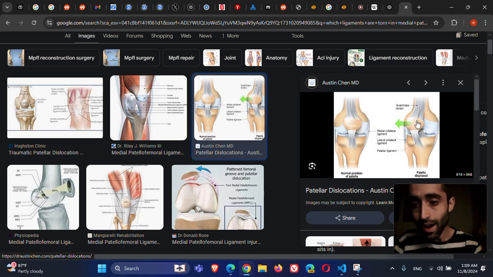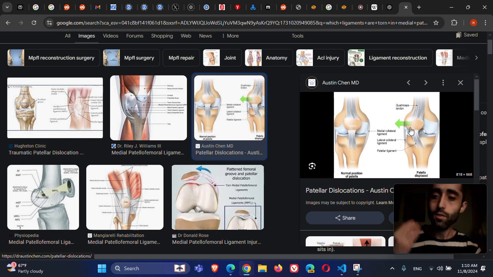You see, even though I asked about medial patellar dislocation, Google gave me the wrong answer with the wrong image. This image shows a dislocation of the patella to the fibula side. This is the lateral side, not a medial dislocation, because all the literature talks about lateral dislocation. Usually the patella is dislocated to the lateral side, not the medial.